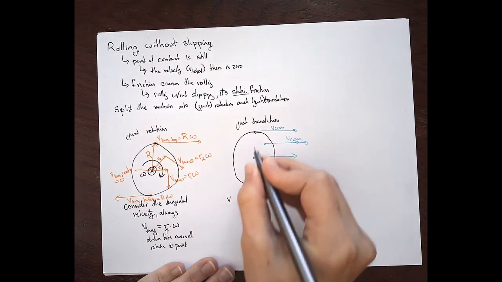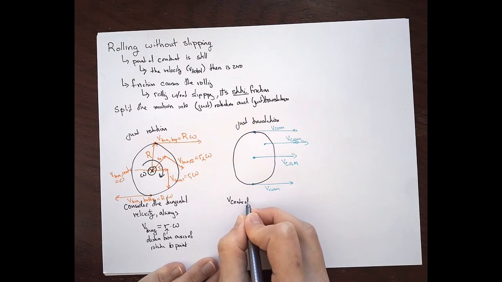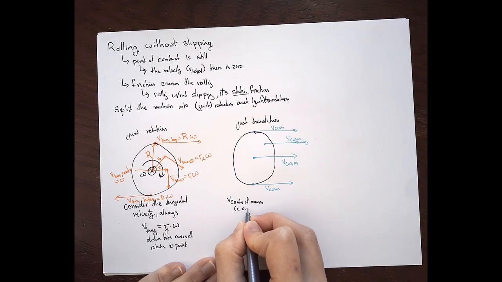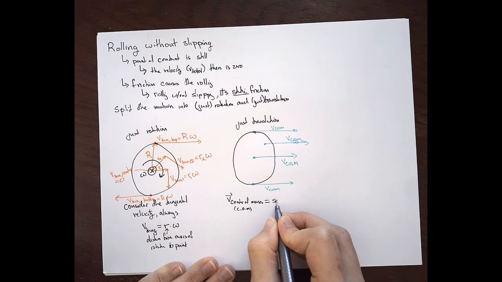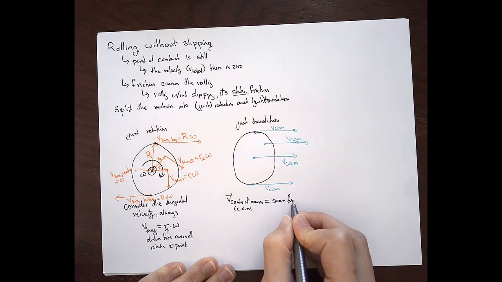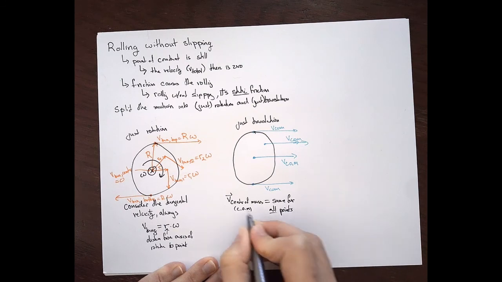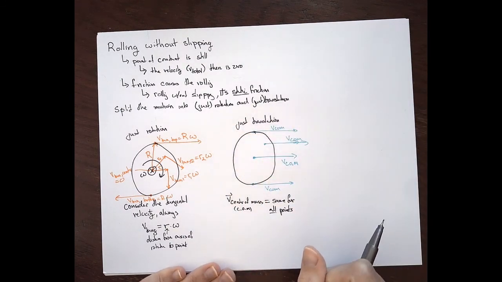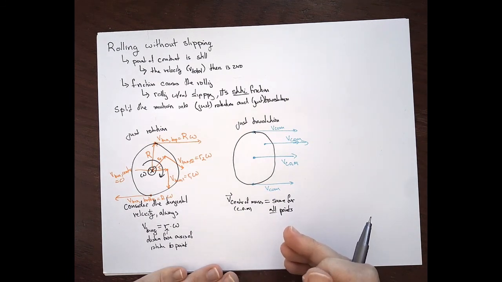So an important point here for the translation: the center of mass velocity, which I've been abbreviating as COM up here on the drawing, is the same for all points. Everything has the same center of mass velocity because they're all moving in exactly the same direction at exactly the same speed.